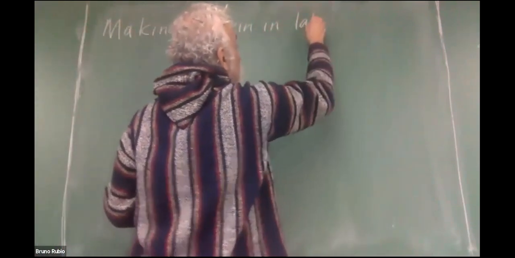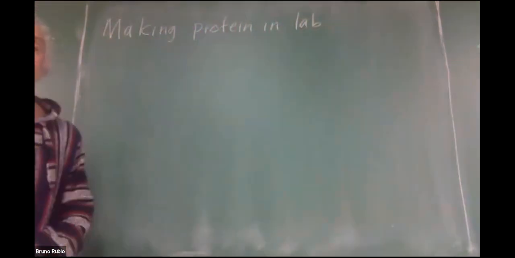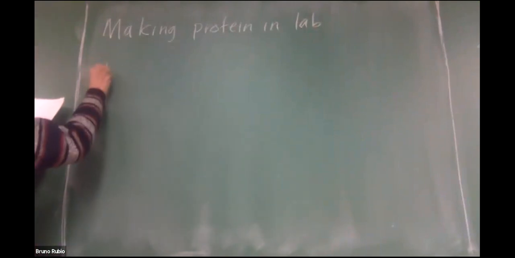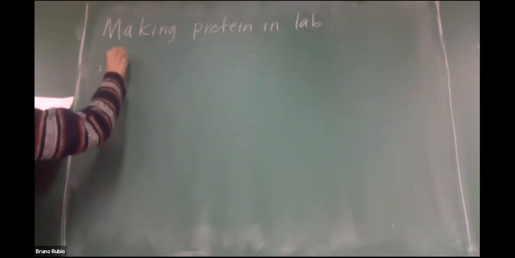Okay, so talking about making a protein in the chemistry lab and how exactly that would be done. We start out with what we'll call our first amino acid.